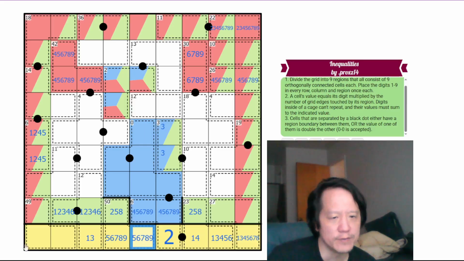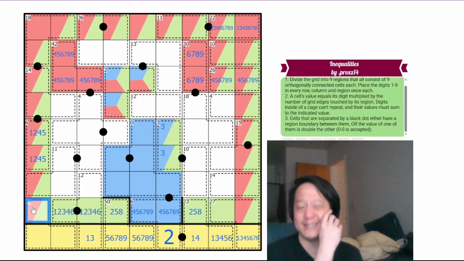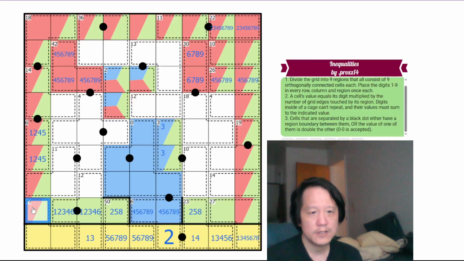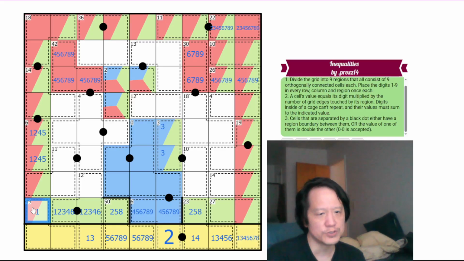Interesting. What about this? Well, this could be doubled times 8 again. So you could have 1 here. So 48 plus 1 is 49. 45 plus 4, so this could be 4 or 2 doubled.